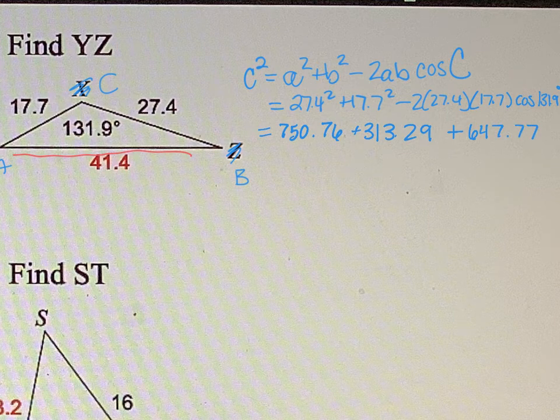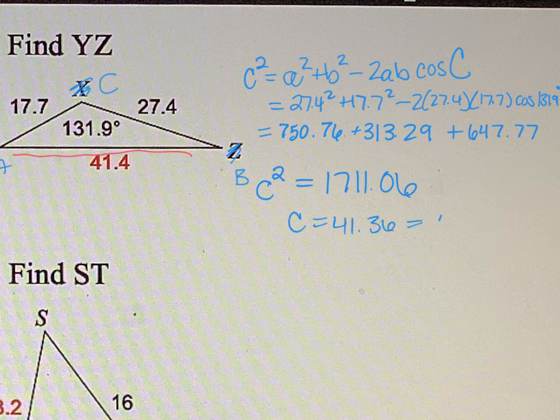Right. So then you're going to add those up, which gives you C squared is 1711.06. Then take the square root of that. To get that, C is 41.36, which rounds to 41.4.